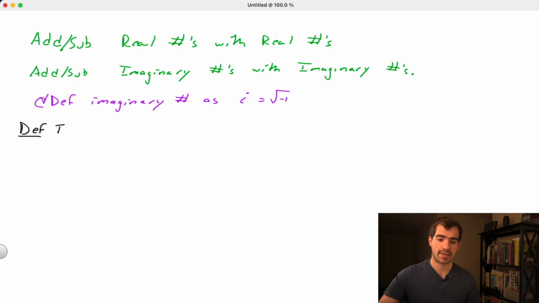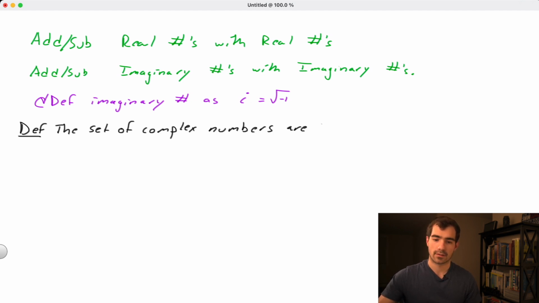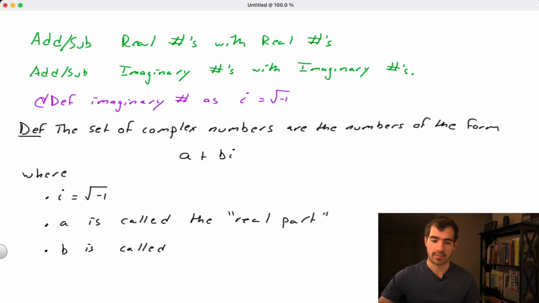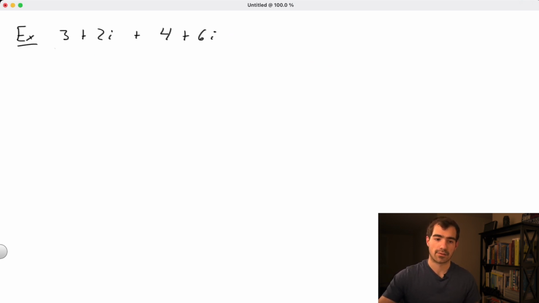We say that the set of complex numbers are the numbers of the form a plus bi, where, as we said last time, i is equal to the square root of -1. a is called the real part of the complex number, and b is called the imaginary part.